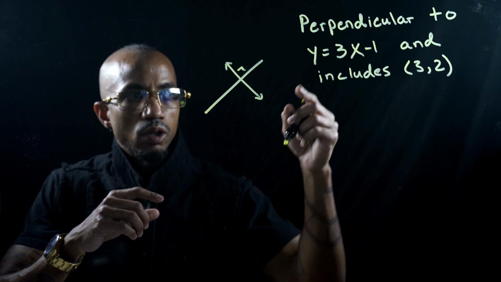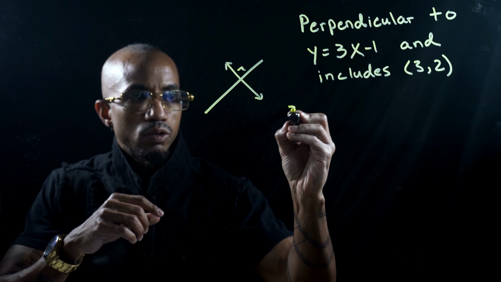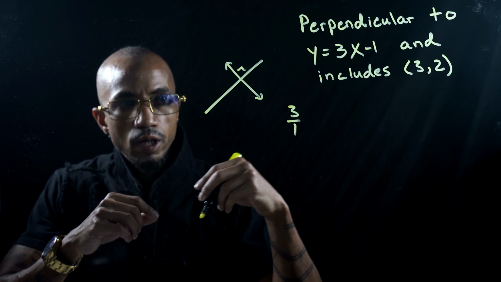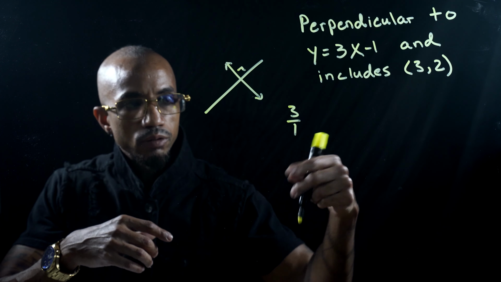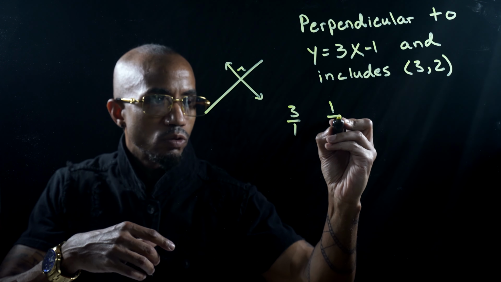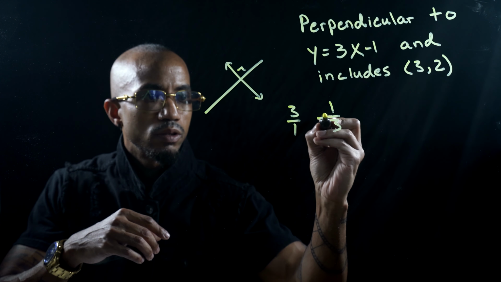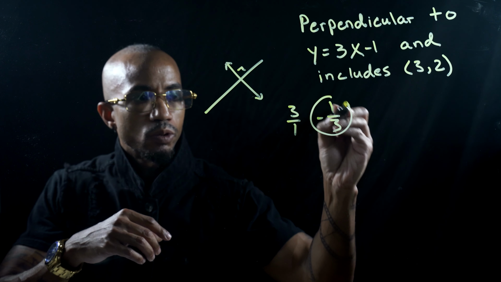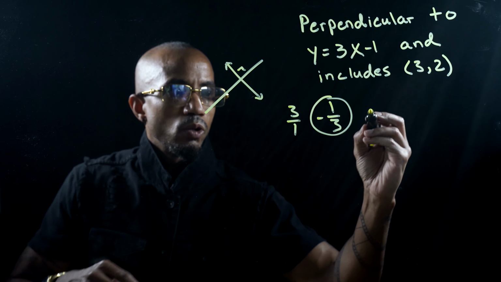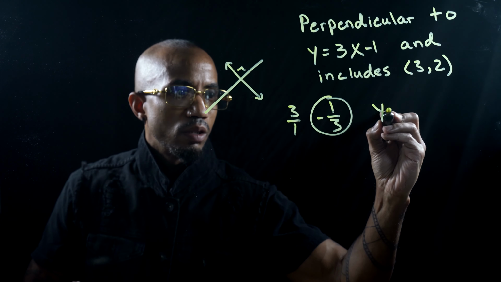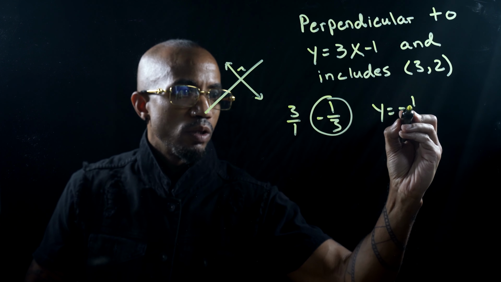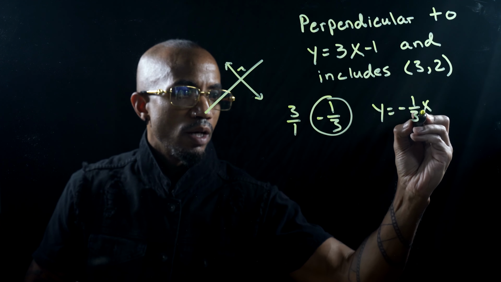First of all, this right here is the same thing as 3 over 1. So if the slope is perpendicular, we have to flip it upside down. So now it's 1 over 3, the reciprocal, and the opposite sign. This was positive, so now this is negative. So this is the slope we're going to work with. That part's easy: y equals negative 1 over 3 x.